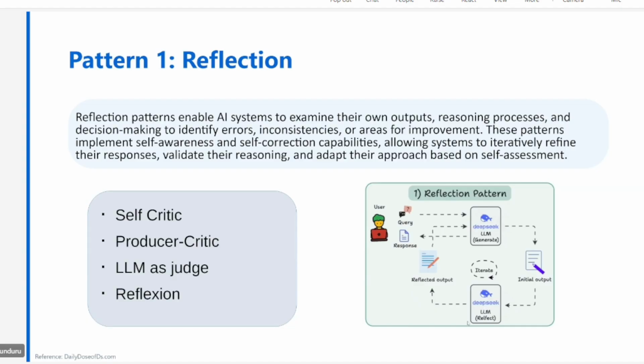In self-critic, the agent validates with some specific prompts, or an LLM validates the response. There are several patterns, and the final response will be sent back to the user. So the reflection pattern is validating the responses for inconsistencies and errors so that the response can be further improved for the end user.